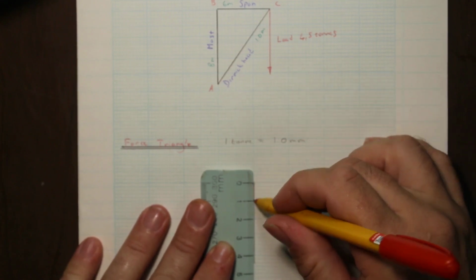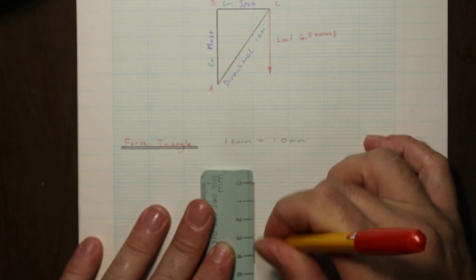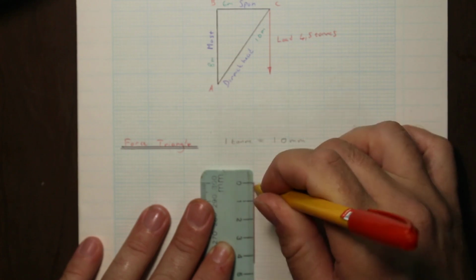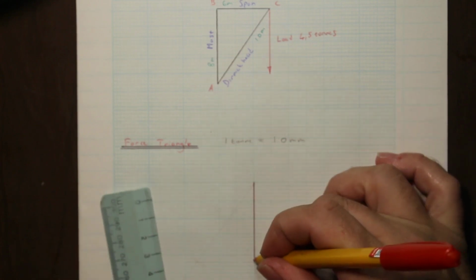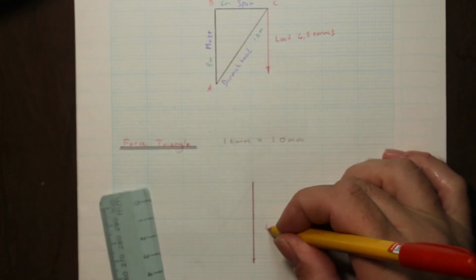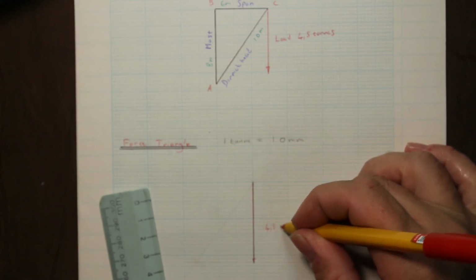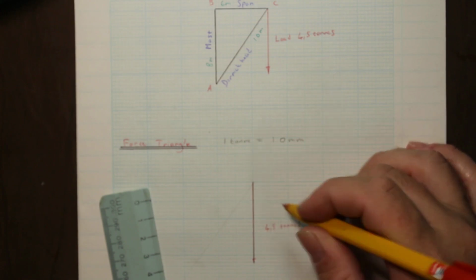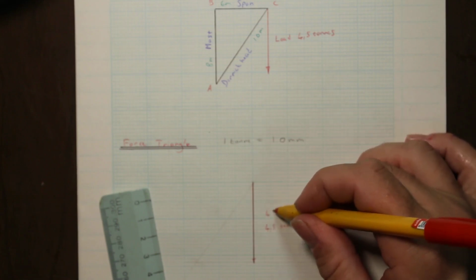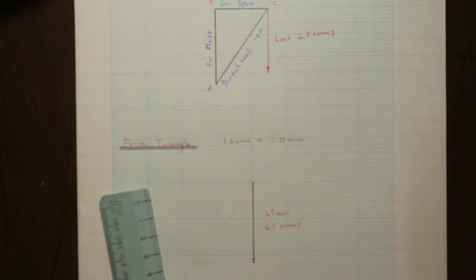So let me draw that in red here, to scale. All right, so there's my load, 4.5 tons, and that's obviously 45 millimeters long.